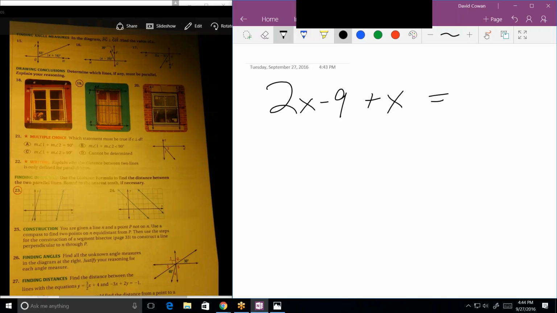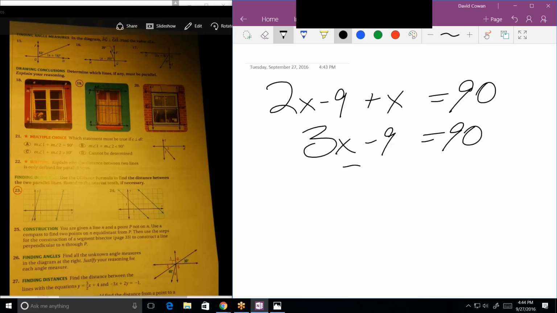Correct. Combining like terms, 3x minus 9 equals 90 degrees. Then you subtract 9 from that and you get 3x equals 81 degrees. Hold on, stop a moment.